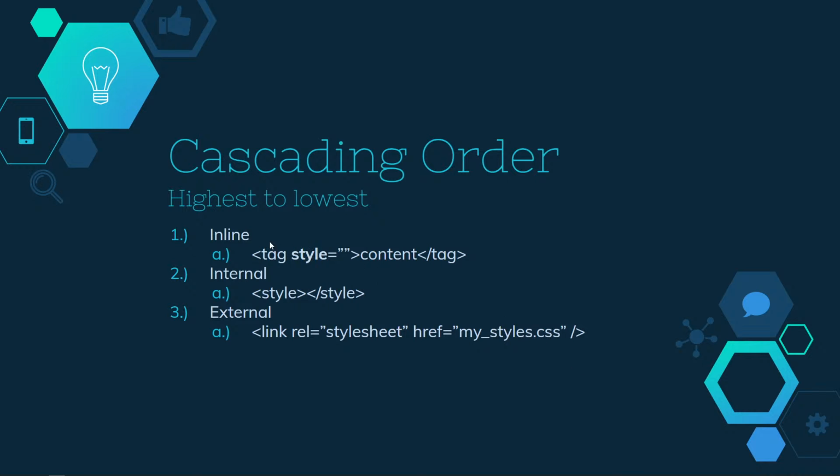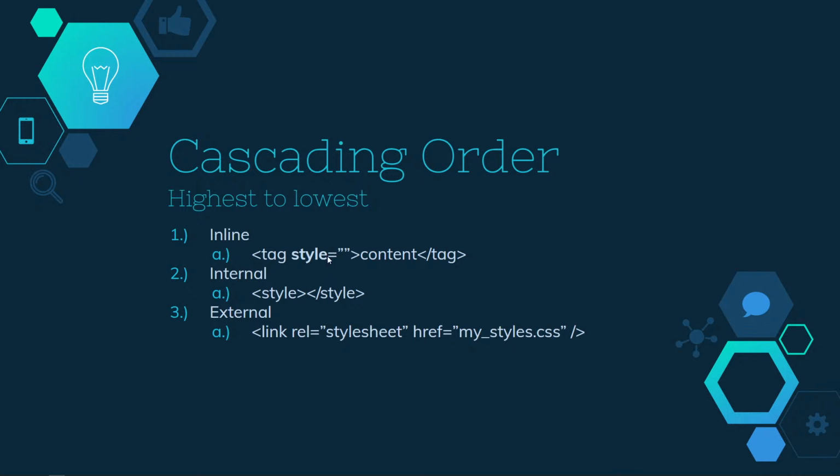When you have a style that's inline like this, so you use your HTML element and you use the style attribute, this one wins all the time. This one wins first. Then you have the inside of the HTML document, you have a style tag that goes second. And then you have an external one, which comes from outside. So that'll go last.